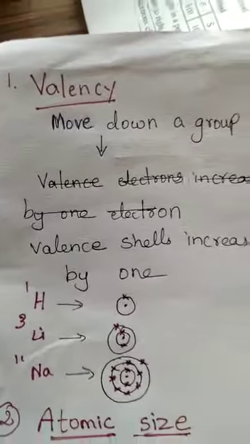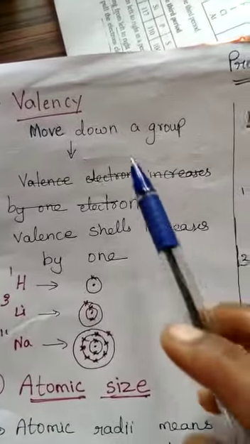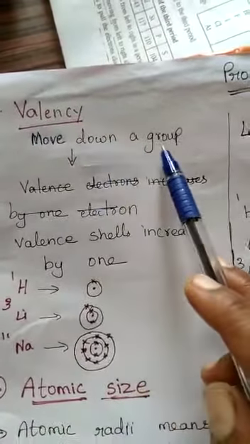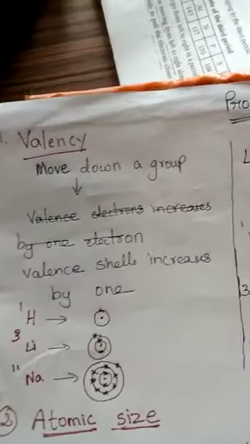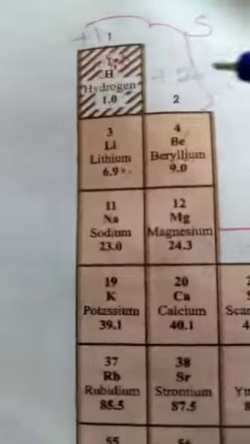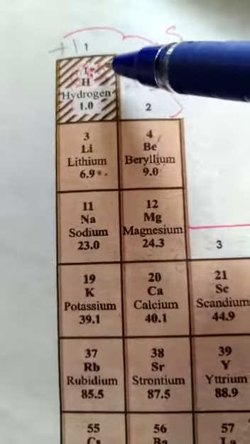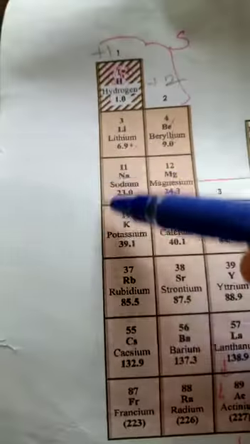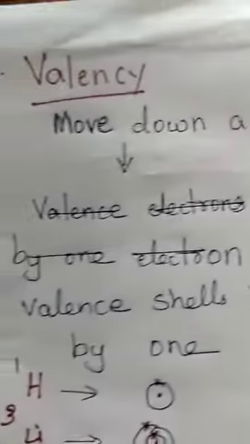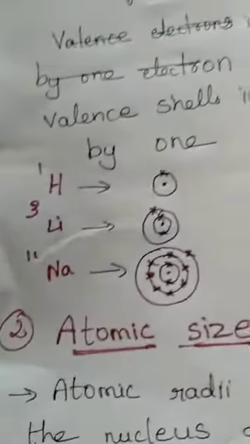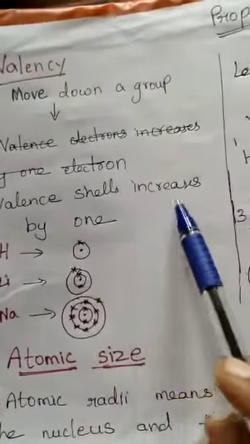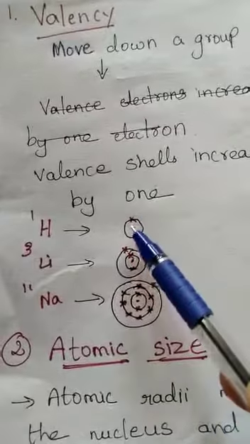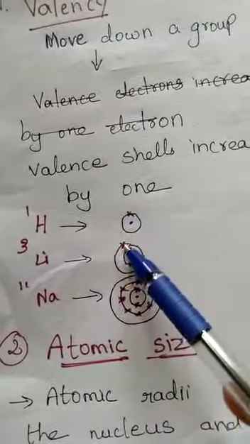The first one is valency. When we are moving down a group, from top to bottom, what is happening? The valence shell increases by 1. Valence shell means outermost shell.